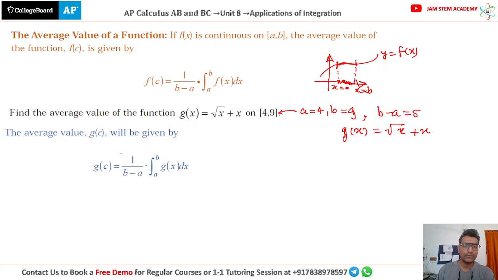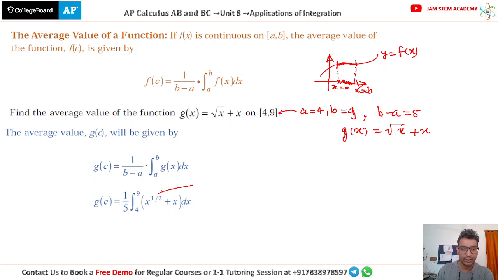So I will use the formula for finding the average value of a function given by this. Now just plug in g(x) as root x plus x and the b and a values in this. So in the next step, I will get integration from 4 to 9 of x raised to the power 1 by 2 plus x dx, whole divided by 5.